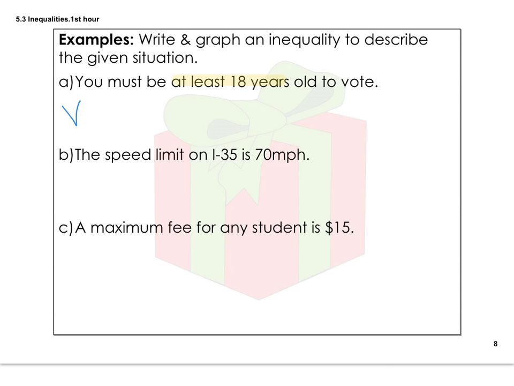I'm going to use V for vote, but you can pick any letter you want. And again, this word at least means greater than or equal to that number. If you think about it, you can be exactly 18 to vote, and you can be older. So you want 18 or older to work, and that's what this inequality means.